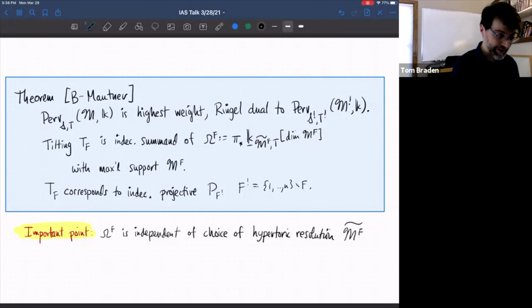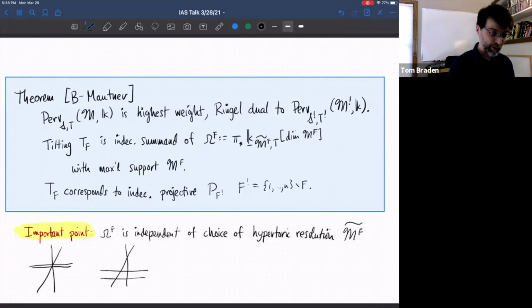And what happens is if you take this arrangement that I gave before, there are different ways to blow it up to a simple arrangement where the hyperplanes intersect transversely. You could do it this way, or you could do it this way. And the corresponding resolutions are not isomorphic as algebraic varieties. They're diffeomorphic abstractly, but they're not the same algebraic variety. But they have the same cohomology.